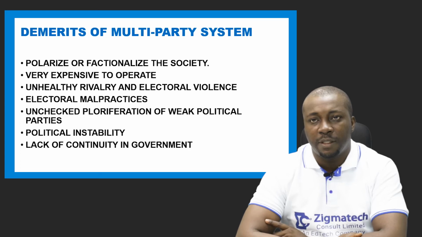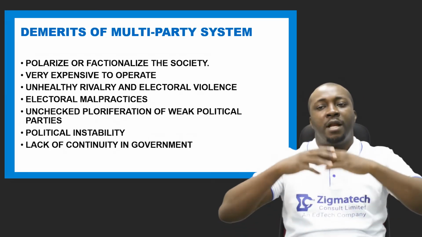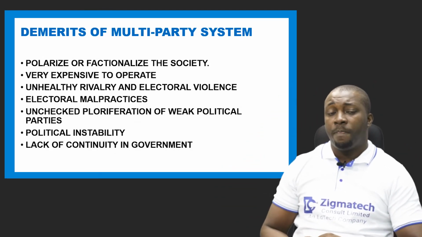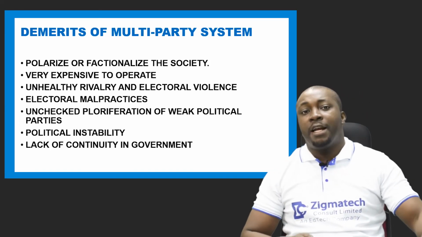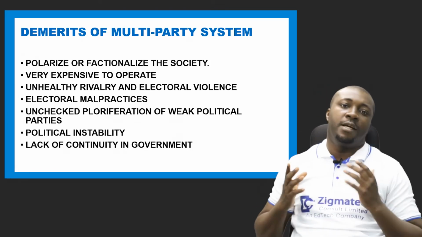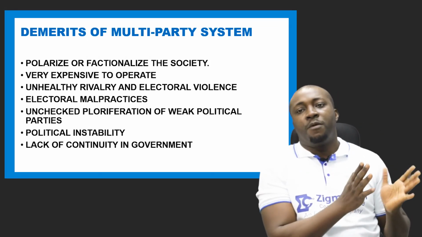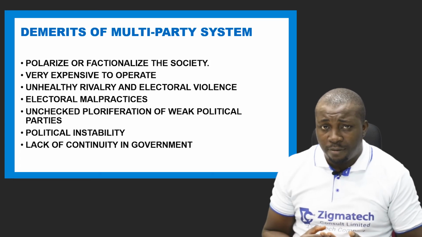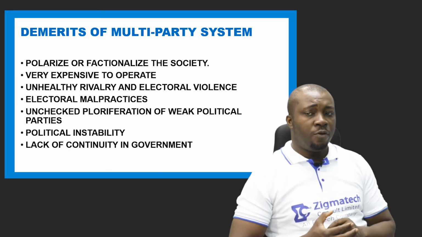Now, let's look at the demerits of multi-party system. What are the problems associated with this multi-party system? Number one is it polarizes and factionalizes the society, like the two-party system. It divides the society into members and fans of different political parties. So you see, these people will tell you, we are for this party. These ones will tell you, we are for this party. And at times, they don't see eye to eye with each other. Then it is very expensive to operate.